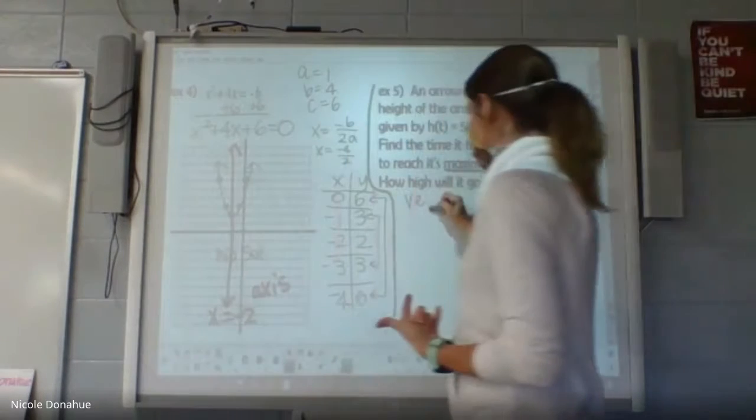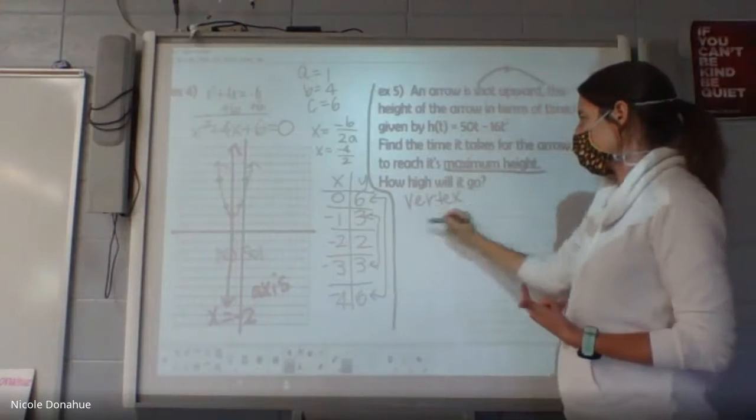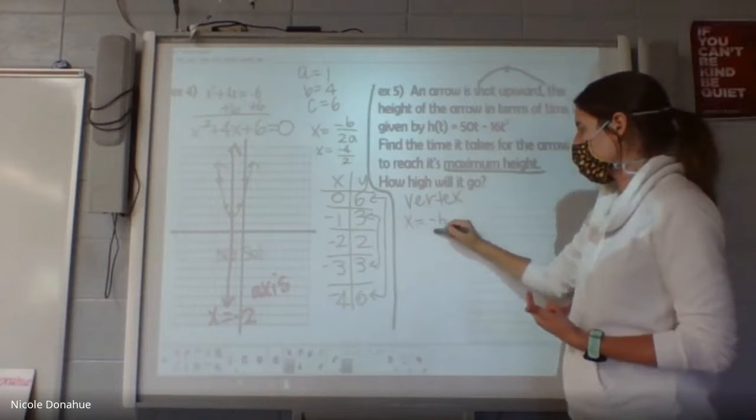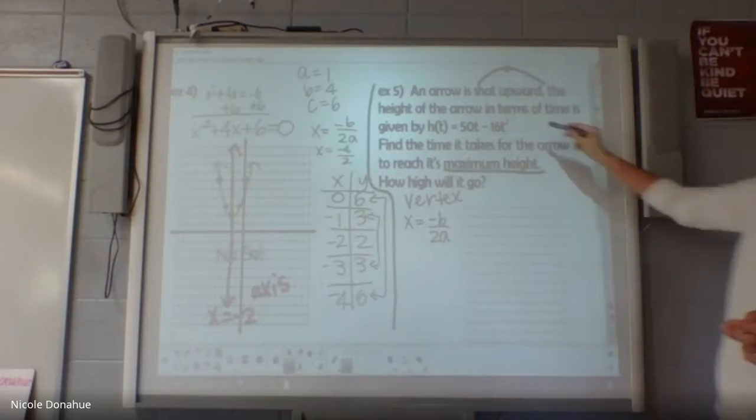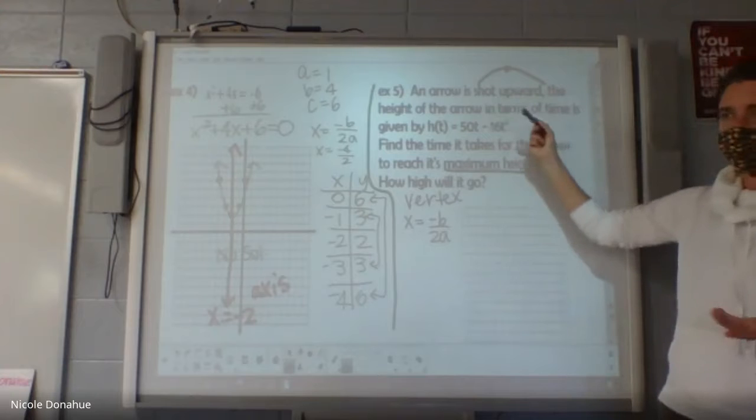Now, in order to find the vertex, we're going to use negative b over 2a. But if you look at our equation, it's a little bit out of order. Can anyone tell me what the a, b, and c are? Whatever is by the x squared, or the t squared, is going to be our a.